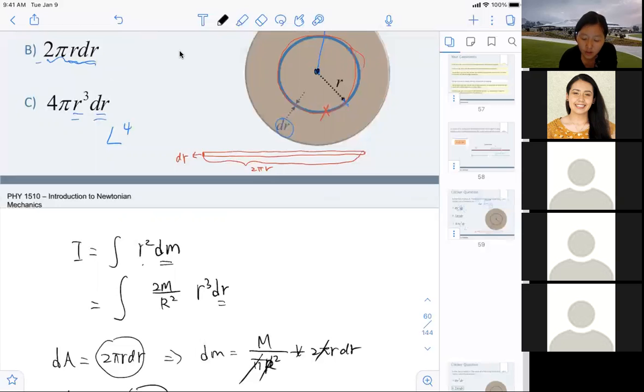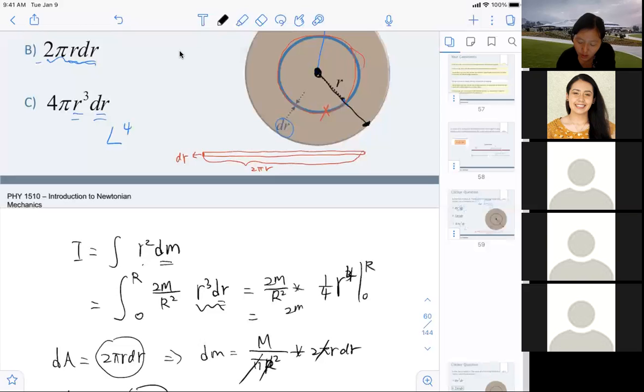So r is from 0 to what? From all the way from the center to the edge, okay, so 0 to r. Okay, so 2m over r squared is constant, and this becomes 1/4 r fourth from 0 to r, so that becomes r squared.